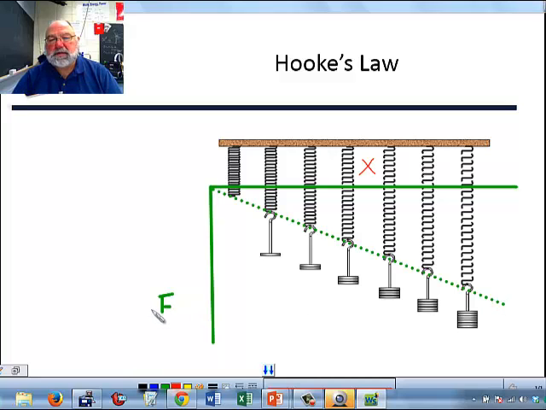So it would be force divided by the amount of stretch. Force divided by the amount of stretch is equal to k, which is the spring constant. And the units are newtons per meter of stretch. How many newtons to make it stretch 1 meter? Hopefully that helps visualize what this spring stuff looks like.